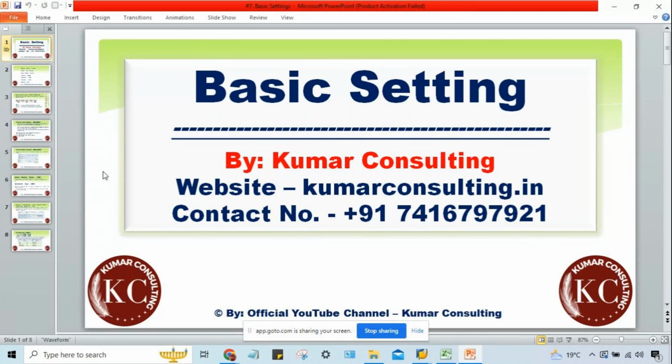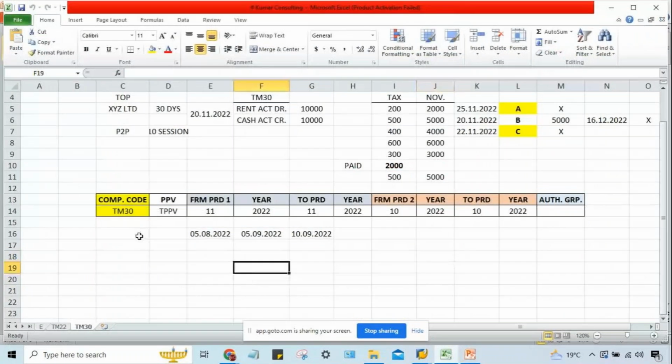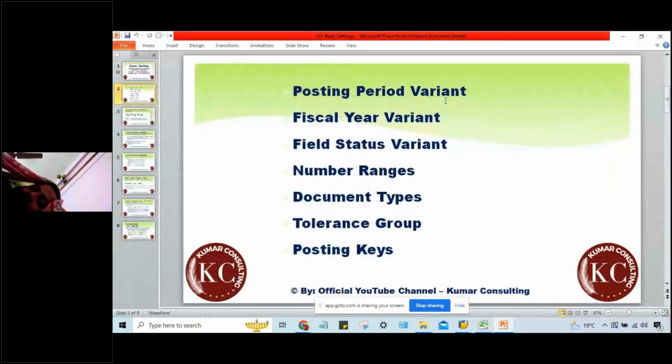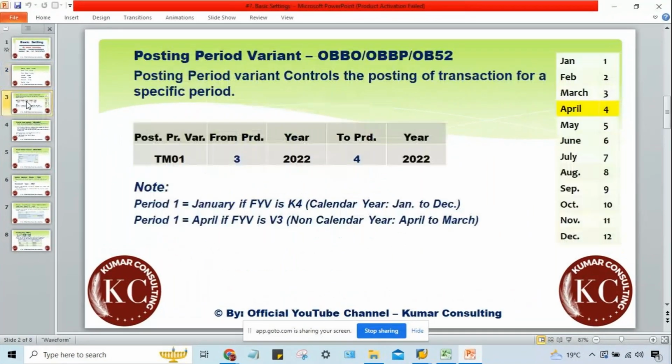This is what we have seen in the previous session related to posting period variant. The first one is going to control the posting of transactions for a specific period.